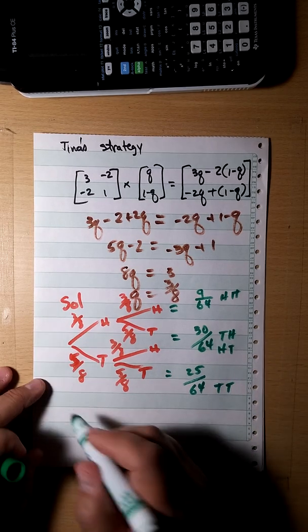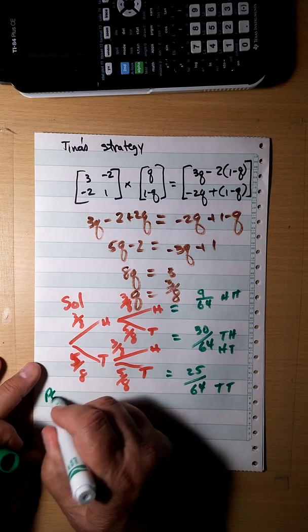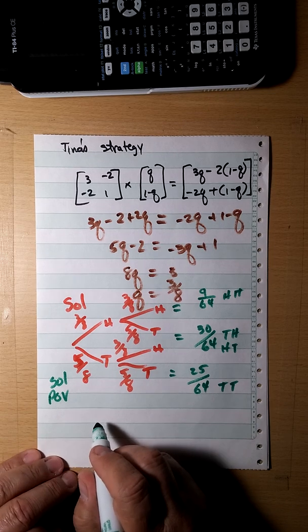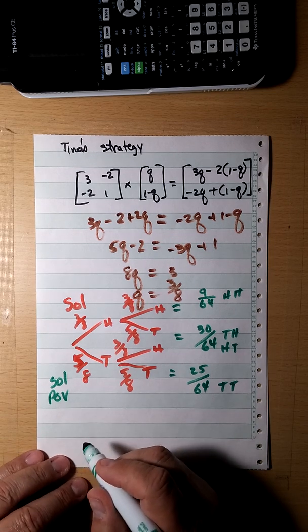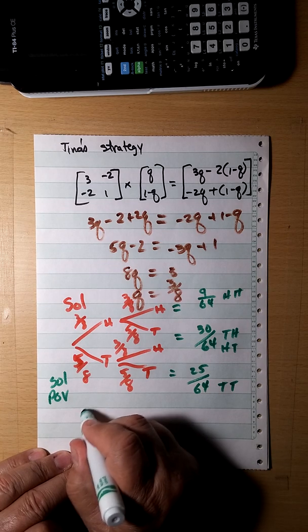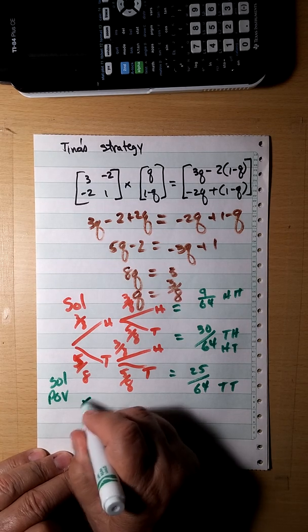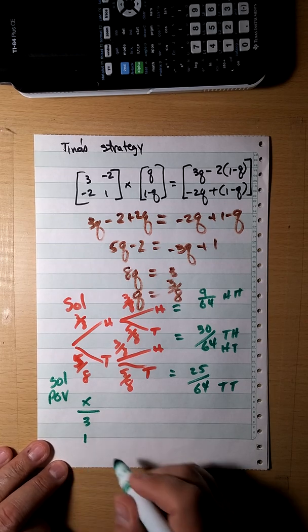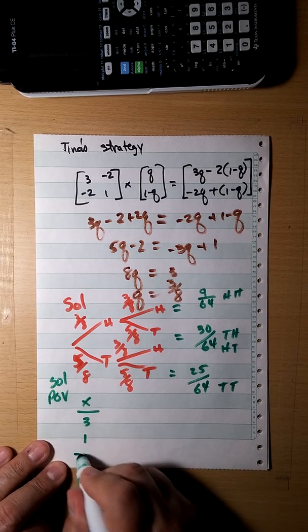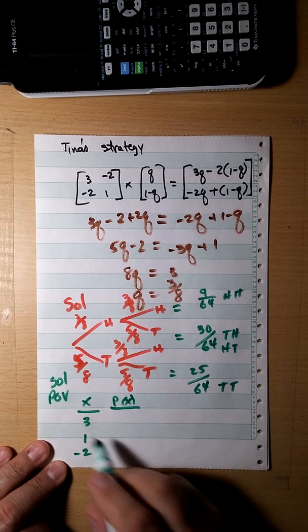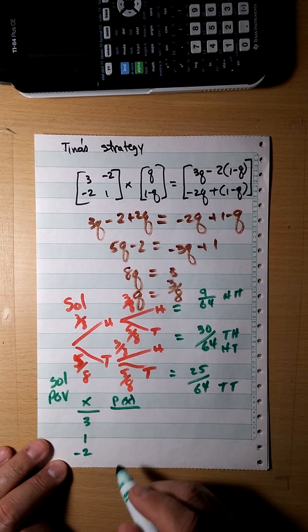So, if we look at Saul's point of view, Saul is going to get 3, this is the amount, this is the x. He gets 3 cents, or 1 cent, or -2. The p of x. Remember, this is how we're doing this expectation.